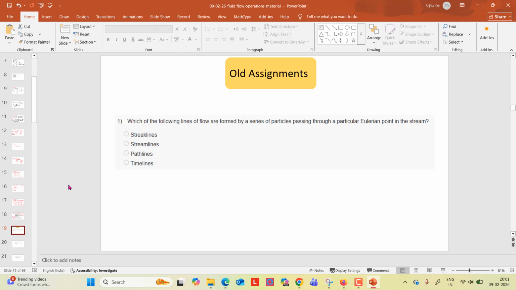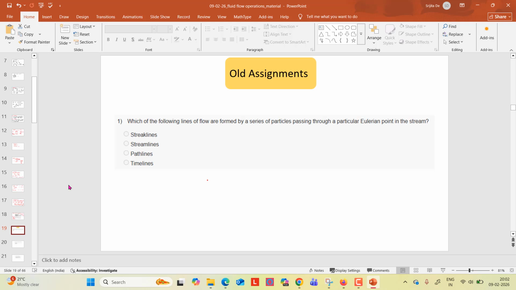Which of the following lines of flow are formed by a series of particles passing through a particular Eulerian point in the stream? So we have just learnt in this class that a streamline is a line where the velocity vector is tangential.